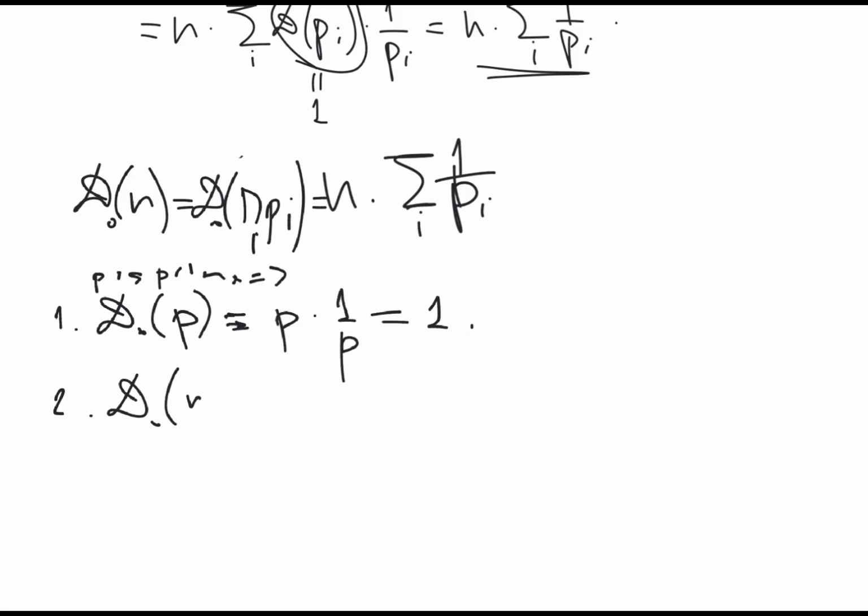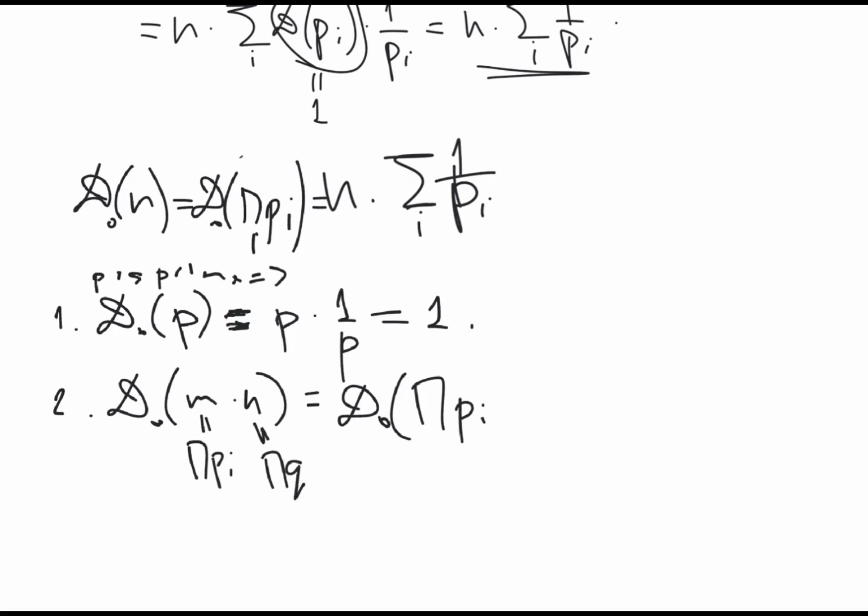And the second property is d0 of m multiplied by n is equal to... Let's say that m is the product of pi and n is the product of qj, where pi are the prime divisors of m and qj are the prime divisors of n.